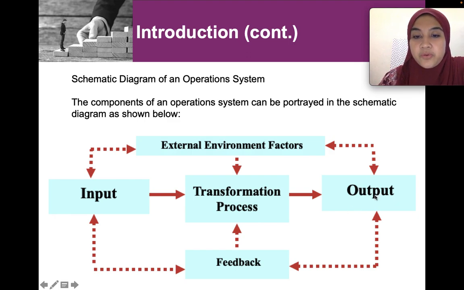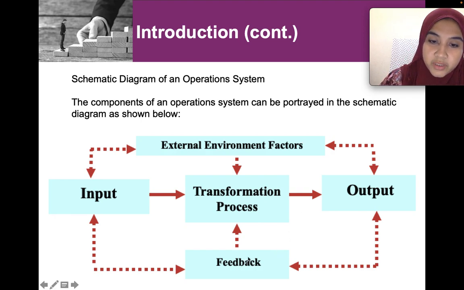From the output we get the feedback, and the output is also influenced by the external environment factors. For example, the first one here is feedback. If the output is very good, it means that we need to increase the capacity, or increase the volume of production of the product.